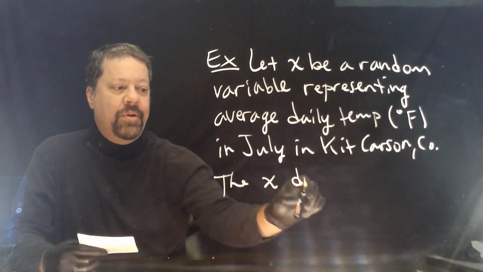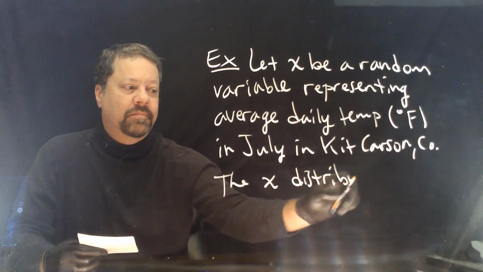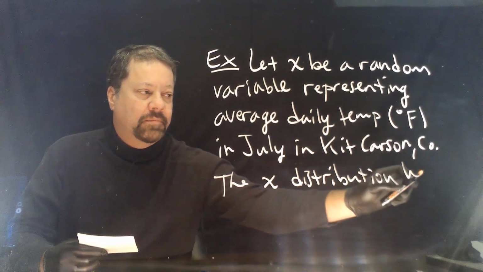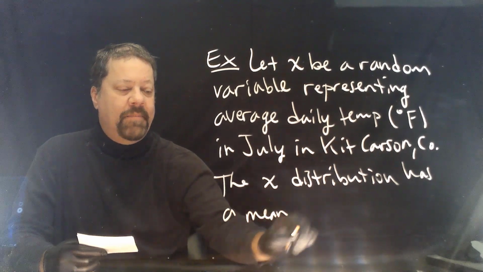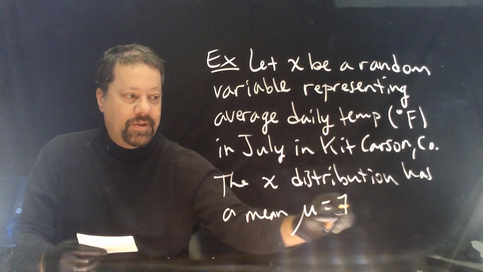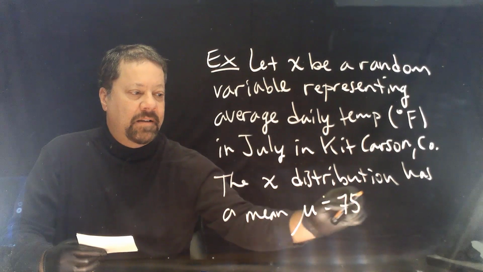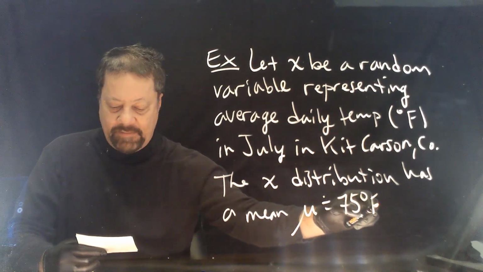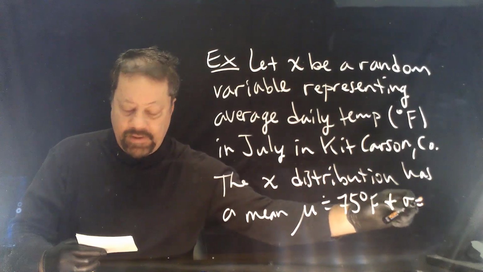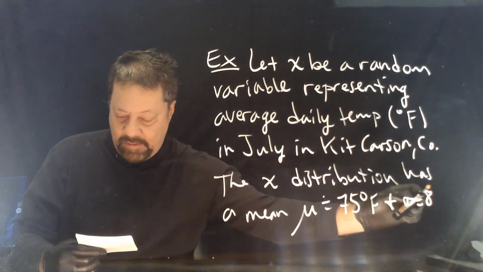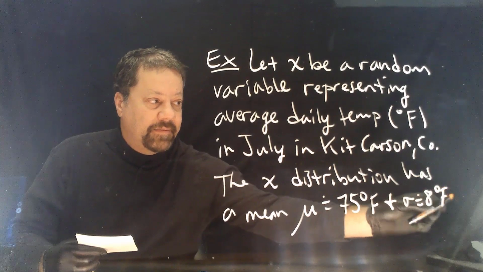The x distribution has a mean of mu equals about 75 degrees Fahrenheit, and the standard deviation is about 8 degrees Fahrenheit.